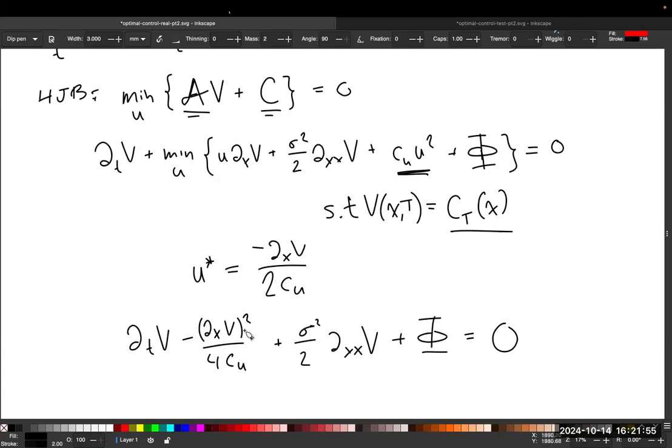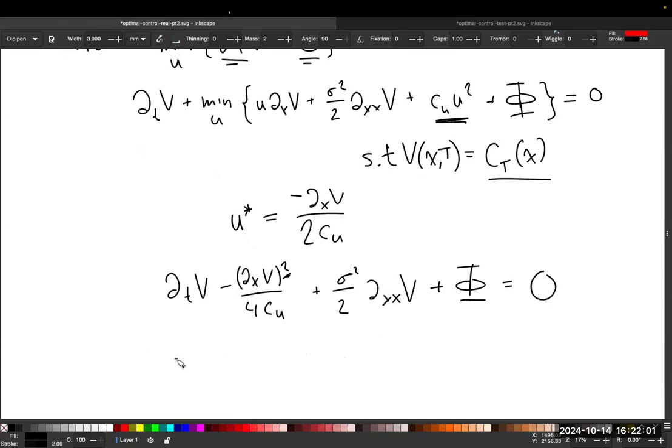And you see the nonlinearity comes in with this quadratic term here. But I'm saying that we can express v in terms of another function that's going to give us a linear PDE for that new function. So this transform is something called the Cole-Hopf transform.